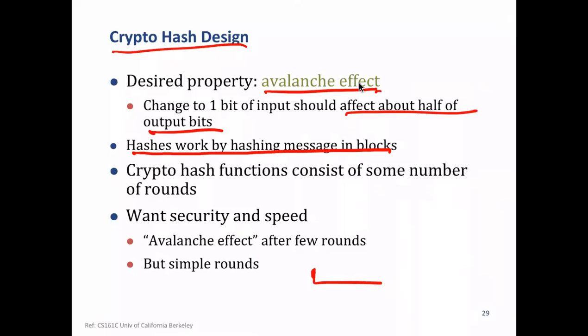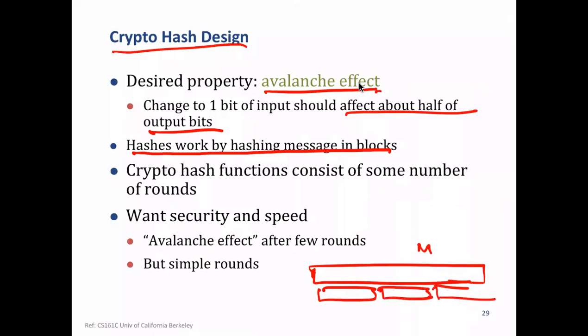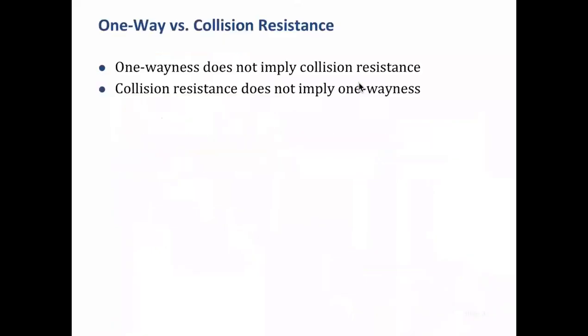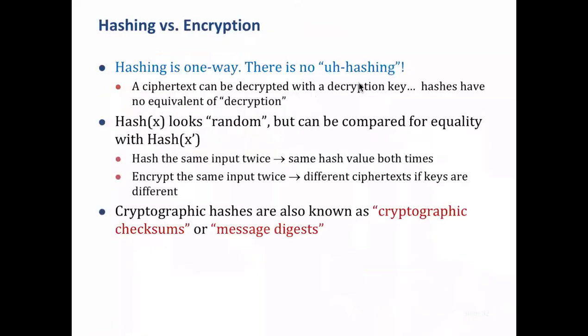It means that given one M, you have to break it into blocks and then apply the function H on it and get the output, and so on. Similar to the way encryption functions are designed, a crypto hash also requires certain rounds of mixing, matching, shifting, etc. Okay, so just go through it.